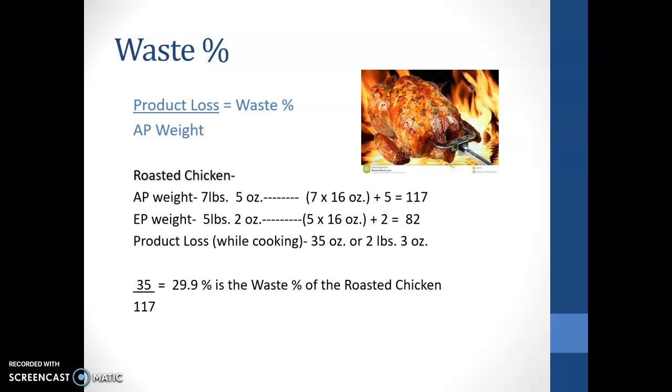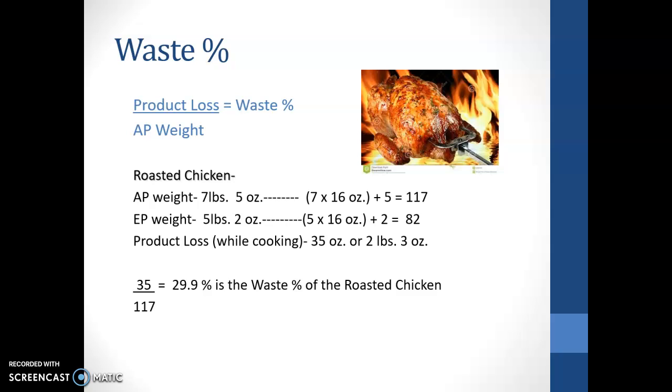And then after the chicken is roasted, obviously it loses a lot. We took some stuff out, whatever it is. We know that the EP weight, the edible portion weight of the chicken, is 5 pounds, 2 ounces. So we converted that into ounces, and it's simple math from there. We know that there was loss during the cooking process. We take that loss, which ends up being 35 ounces, and divide it by the original weight, which was 117 ounces.